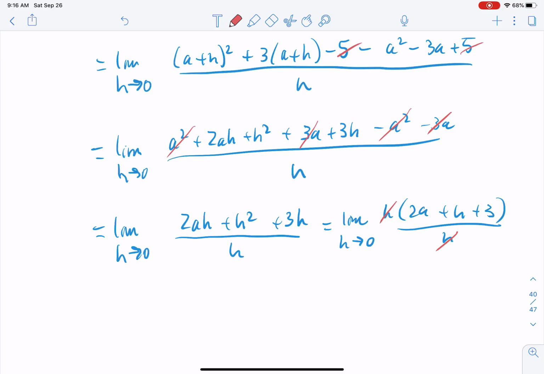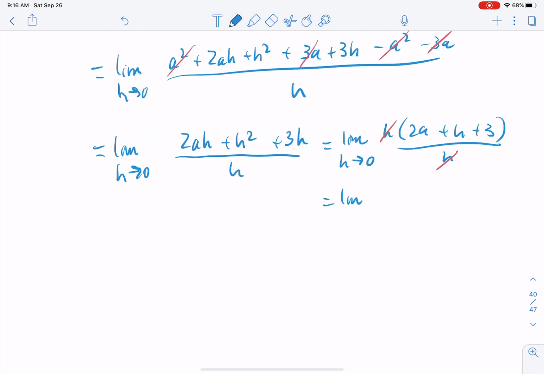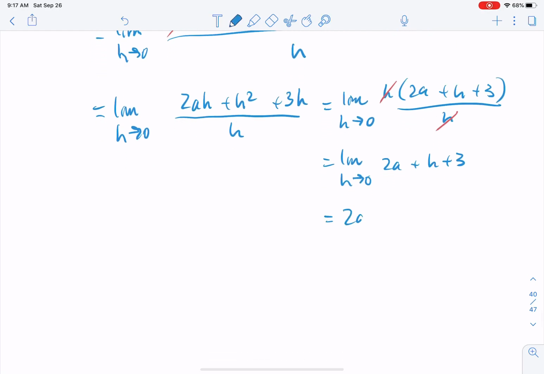The h's cancel. And rewriting one more time, the limit as h goes to 0 of 2a plus h plus 3, and when h is going to 0, this whole thing is approaching 2a plus 3. And we found the derivative at some generic point: 2a plus 3.